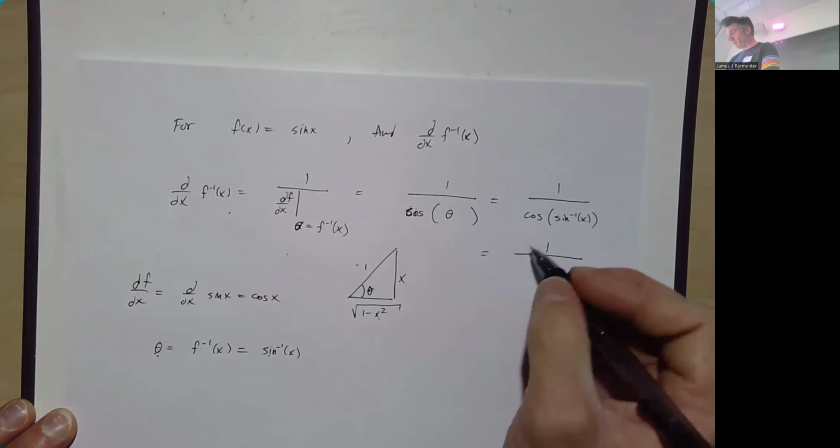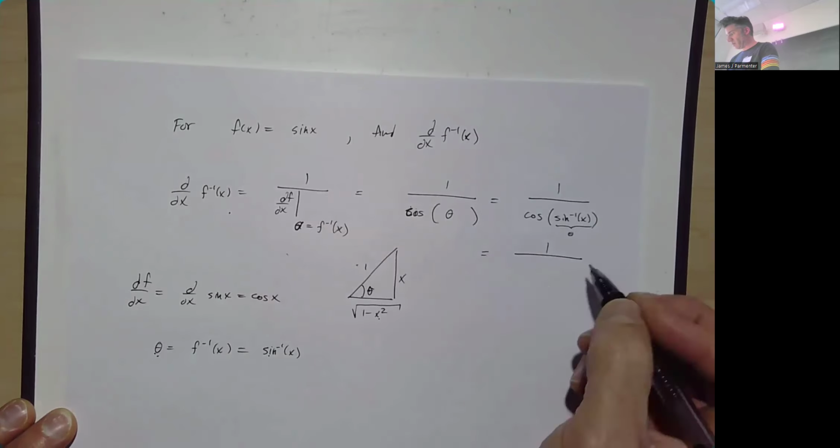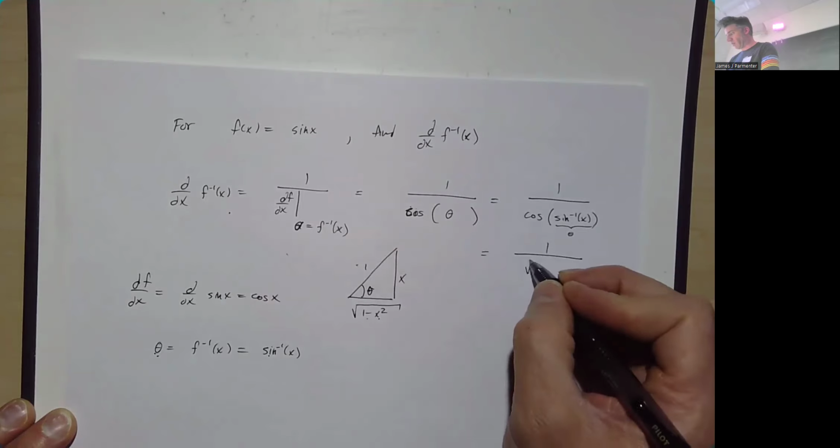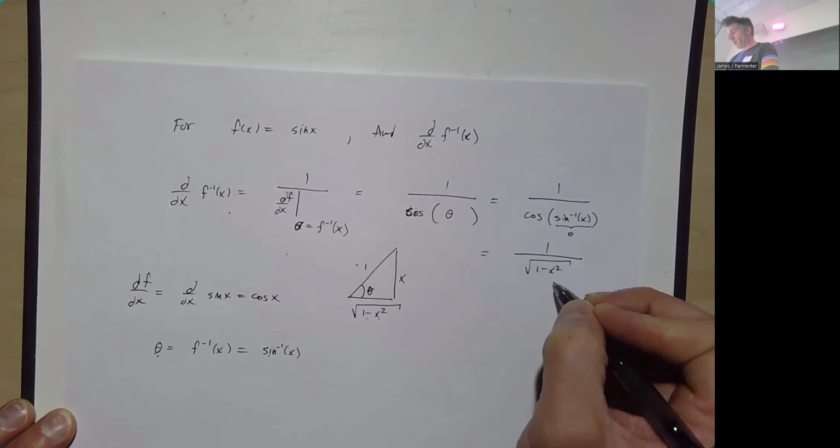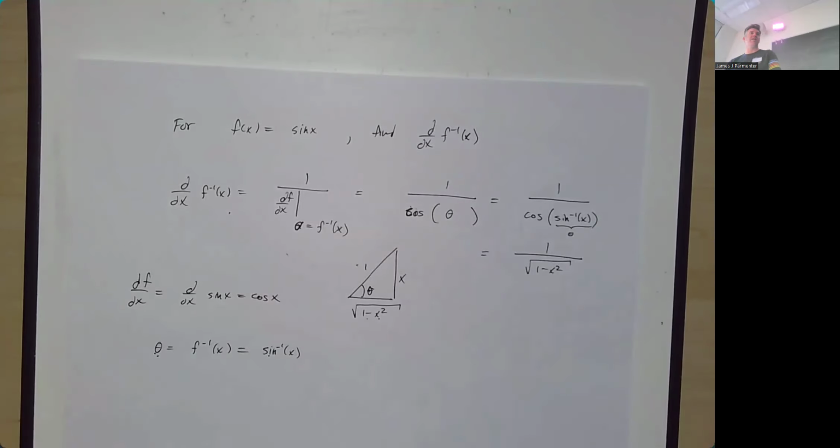So cosine of this angle is going to be the square root of 1 minus x squared over 1. Hey, look, there's your derivative of inverse sine, done the least nice way possible, in my opinion. But it does work. You could totally use this formula every time you wanted to find the derivative of an inverse trig function, but I don't think you should.